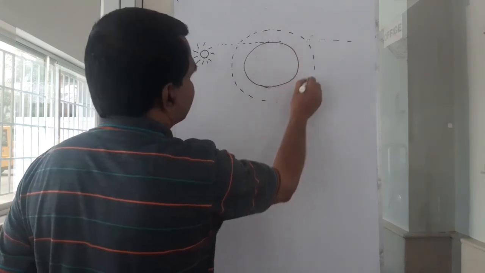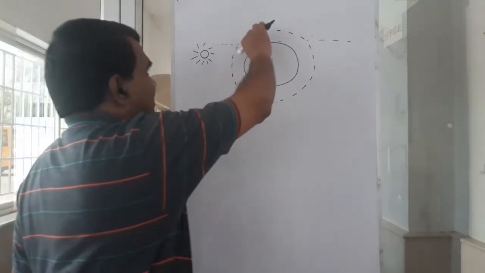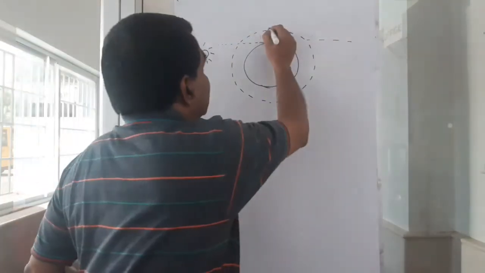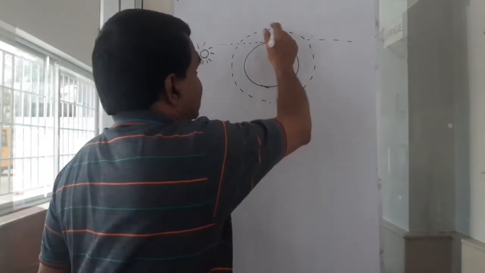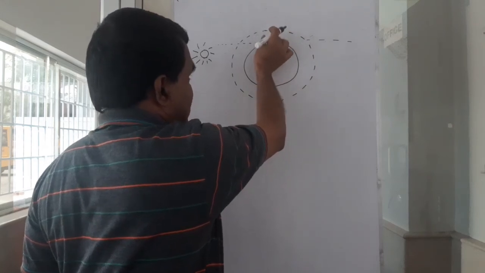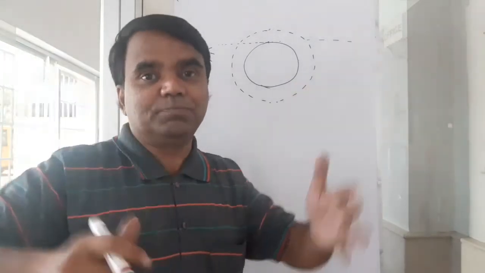I'm just drawing it. So it is becoming more and more dense as you start from the top and then as you come down. So it will be light here, dense here, more dense, more dense, most dense at the sea level.